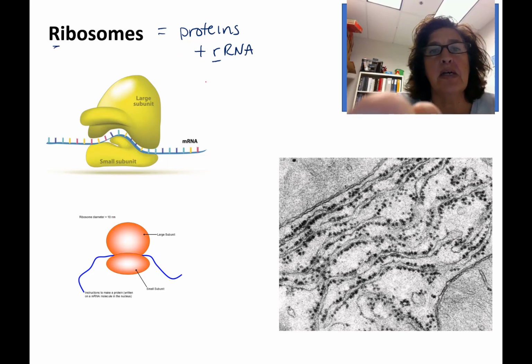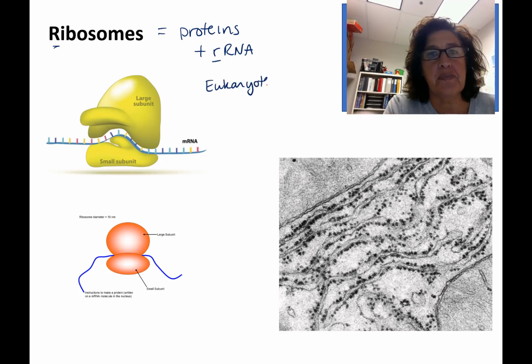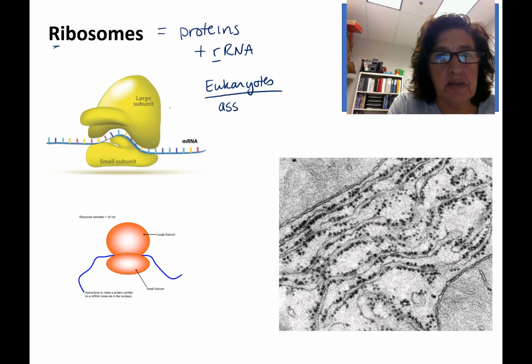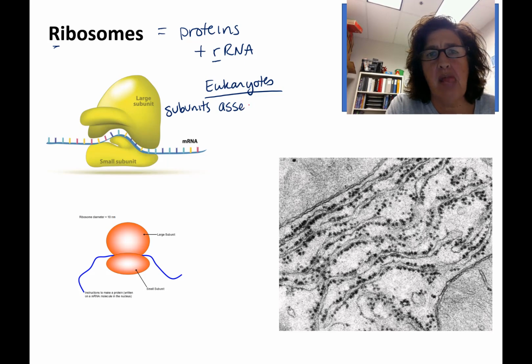Remember that in eukaryotes, the ribosomal subunit, so the protein plus the rRNA, is assembled in, that's right, subunit, assembled in the nucleolus.